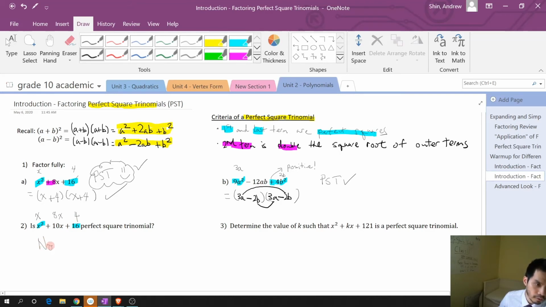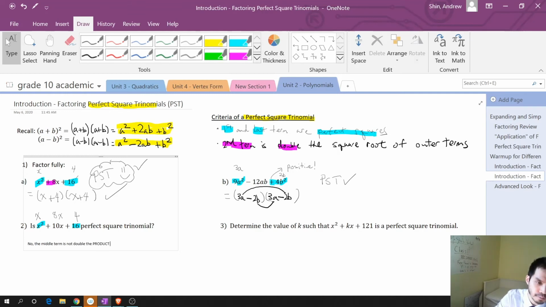Nope. The middle term is not double the product.